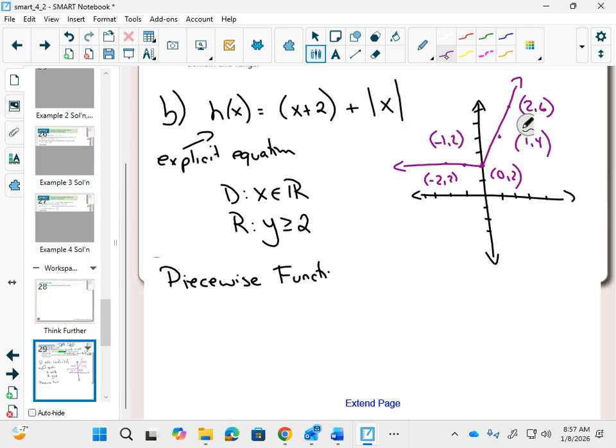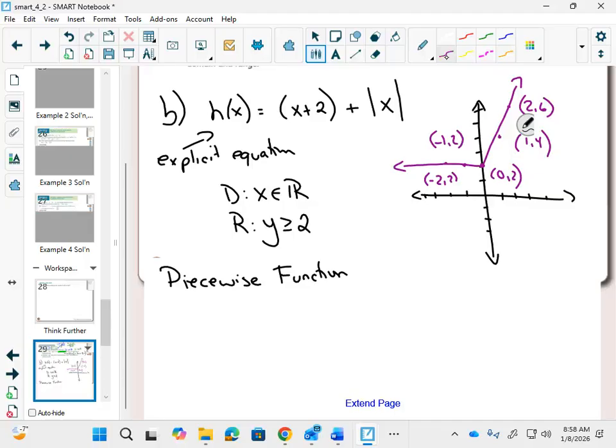And that new idea is that some graphs are called piecewise functions. Piecewise functions are graphs that you can't necessarily say all the time with just one equation. It would be easier if you said it with 2 equations.